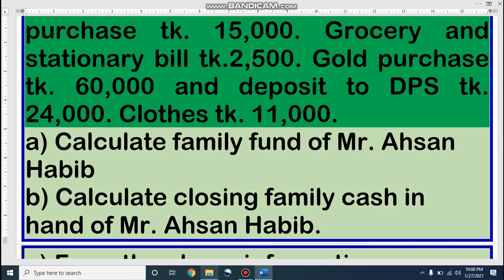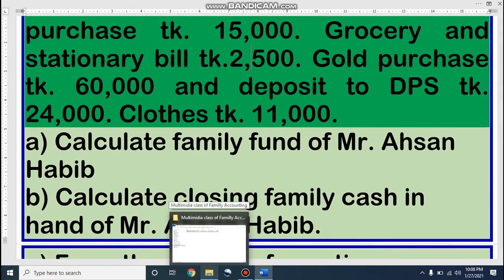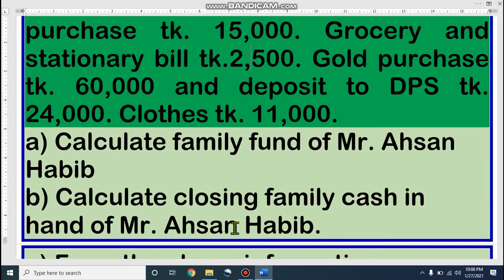Then our next requirement is family cash in hand. That means how much cash in hand we have to calculate. Dear student, this is also discussed in the last class. If you can remember, for cash in hand, what do we have to do? We have to prepare receipt and payment account.